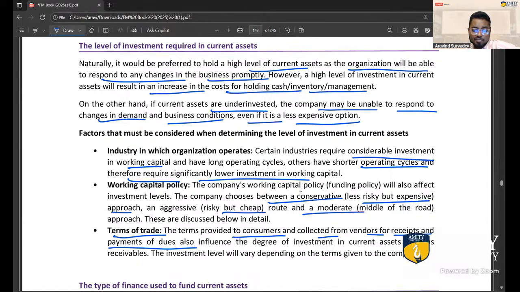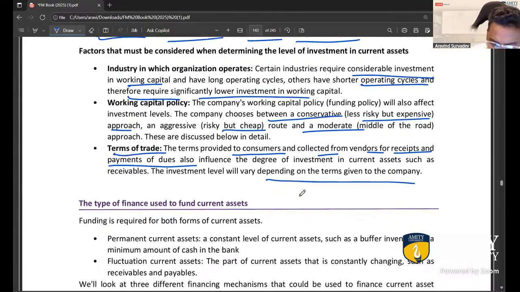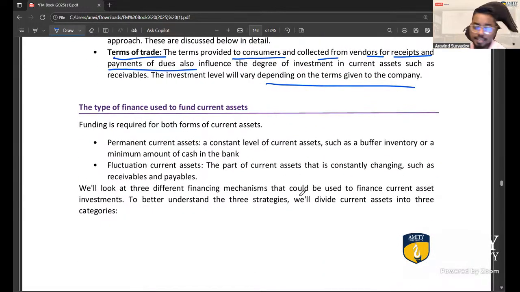And payment of dues is another thing. With your suppliers, how often you have to pay would dictate the level of payables that we have. These things dictate the investment in current assets such as receivables, most definitely. The investment level will vary depending on the terms given to the company. Now, moving on from there, guys, let's talk about the type of finance used to fund current assets.